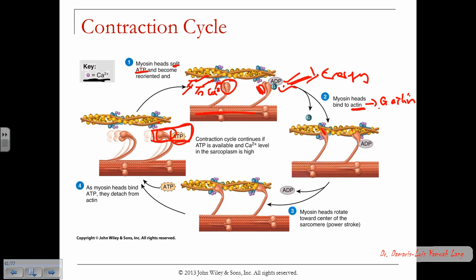And the specific area of the G actin is called the myosin binding site. The specific part of the G actin which it binds is called what? Myosin what? Binding site. Are you all getting this? Okay. So when it binds to it, then now it will what? Pull it, drag it, like I showed you.